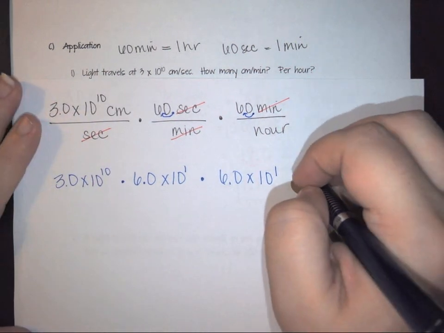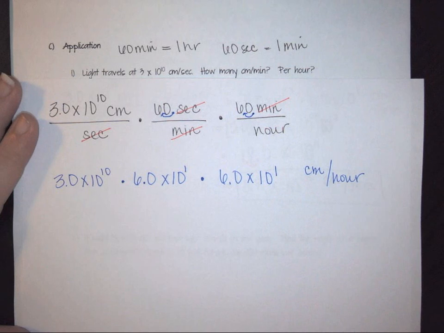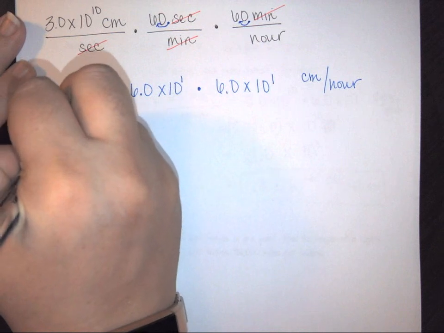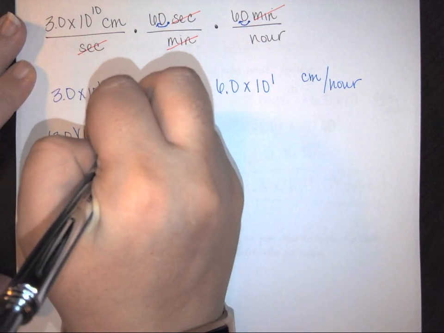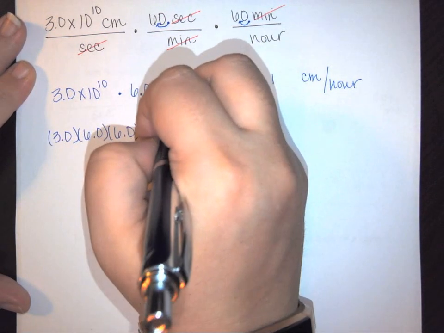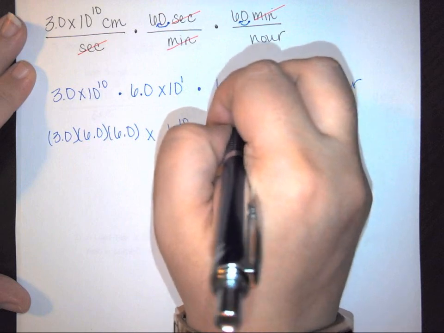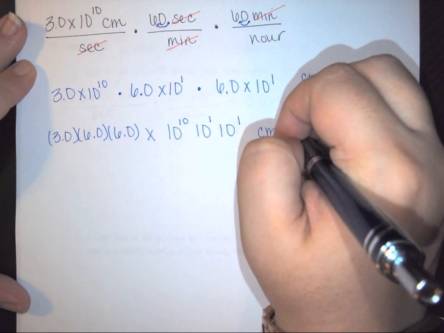My overall units again are going to be centimeters per hour. So here we have to do the same thing. We got to multiply our numbers, so this becomes 3.0 times 6.0 times 6.0, and then we've got 10 to the 10th, 10 to the first, 10 to the first, centimeters per hour.